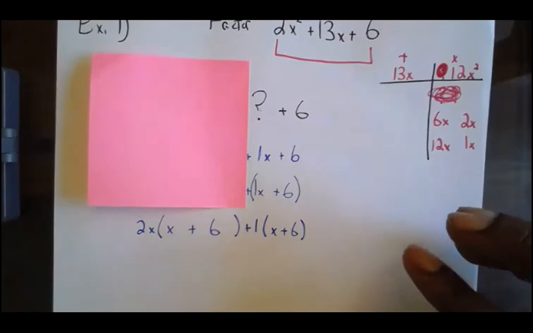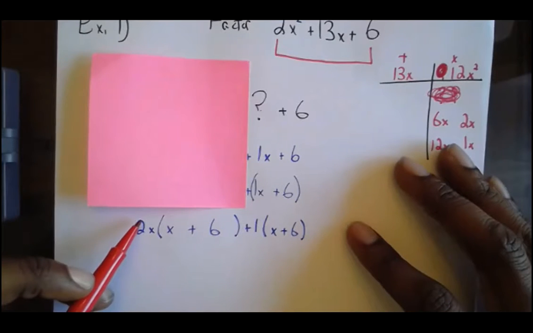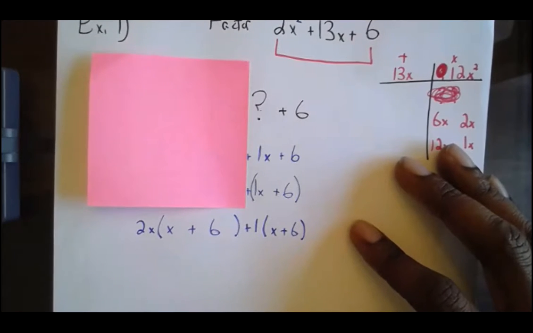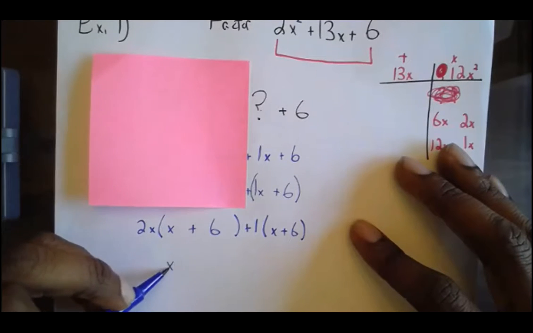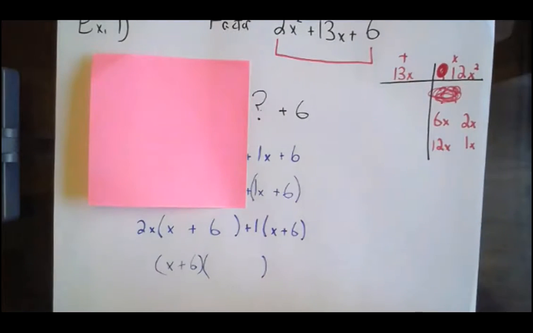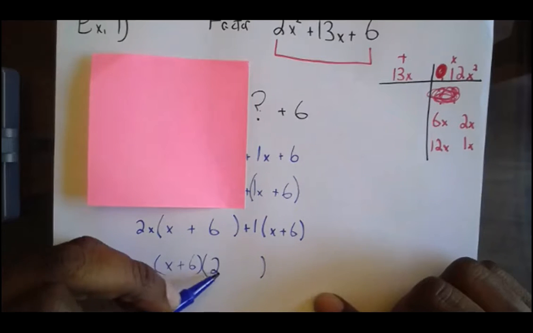So then the last step, I have x plus 6 in parentheses times 2x plus 1.